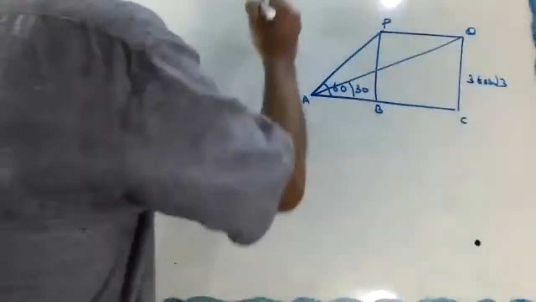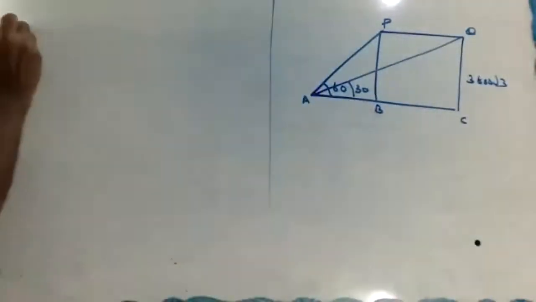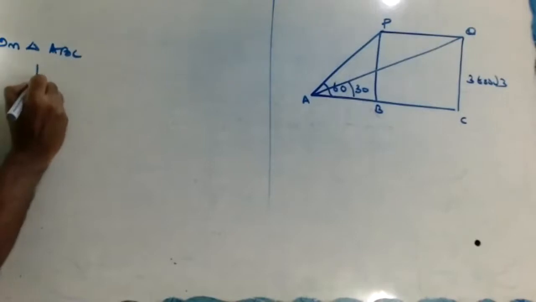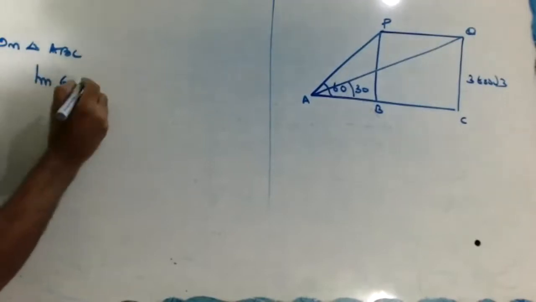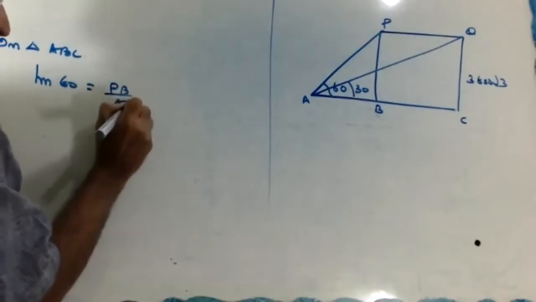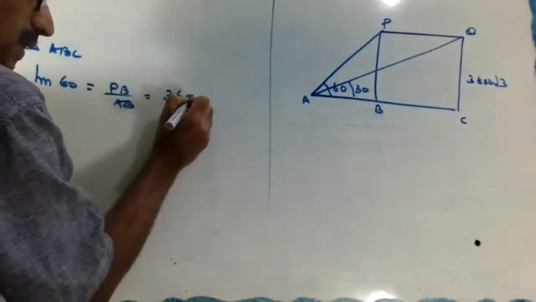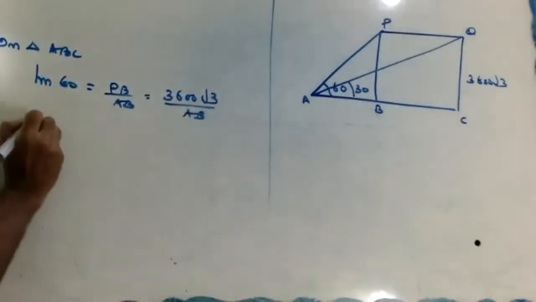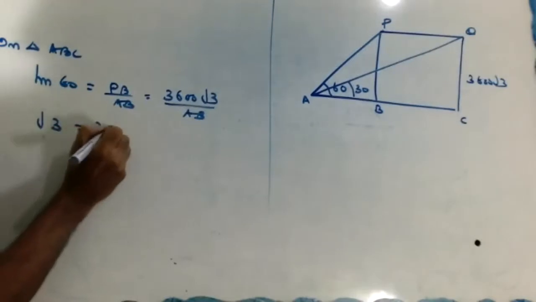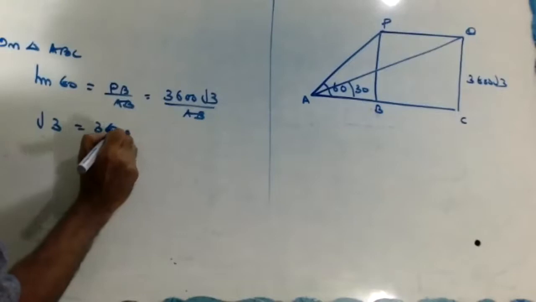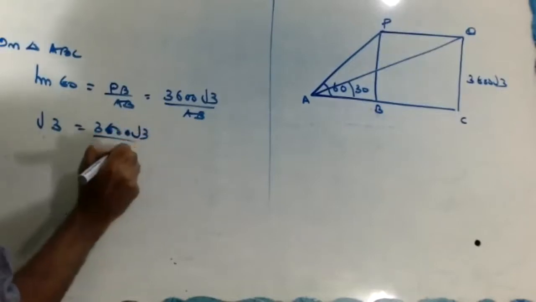First of all, in triangle ABC, tan 60 equal to PB divided by AB. That is 3600 root 3 divided by AB. Okay, root 3 equal to 3600 root 3 divided by AB.